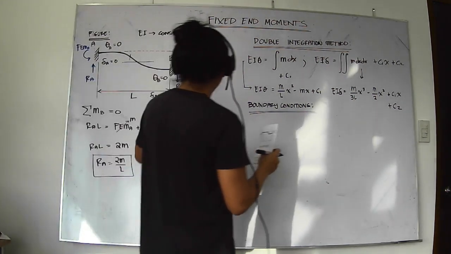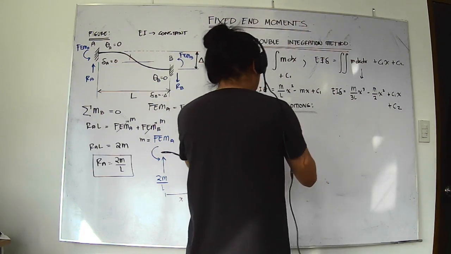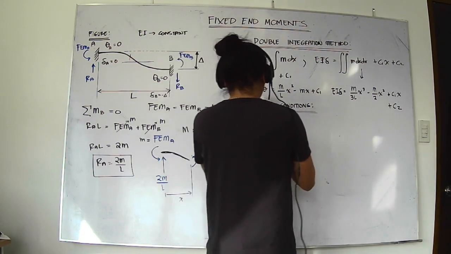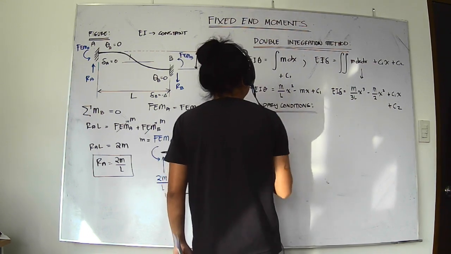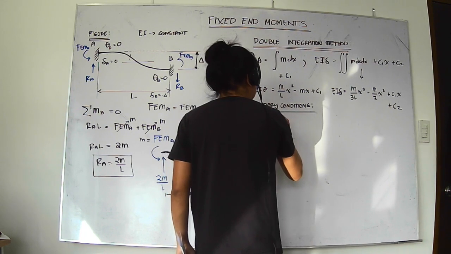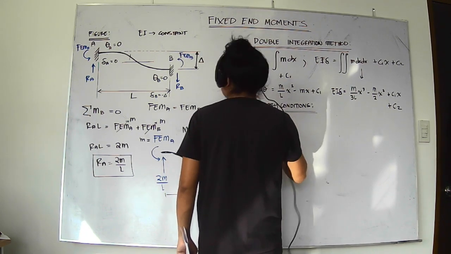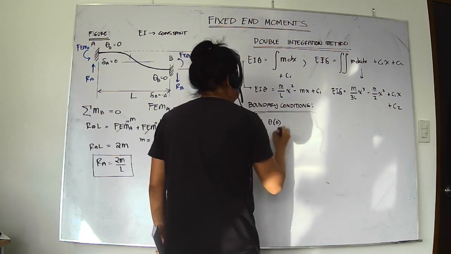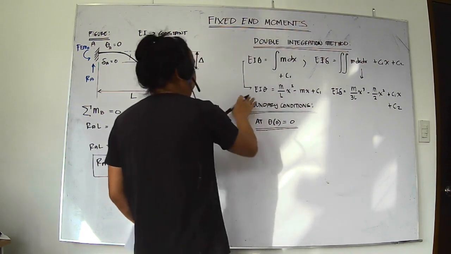So the deflection at B is negative delta, and at A it is 0. Okay? The other boundary condition is that our slope is 0 when x is 0, right? That's correct at A.